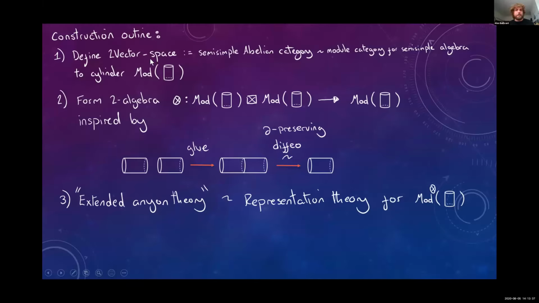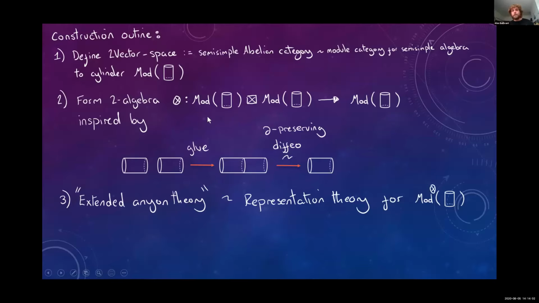And the idea here is that a 2 vector space in the rest of this talk is a semi-simple abelian category, or equivalently, you can think about it as the category of modules for a semi-simple algebra. And so using this notion, I'm going to define a 2 vector space. And then given this 2 vector space, I'm going to form a product and a 2 algebra internal to the category of 2 vector spaces.